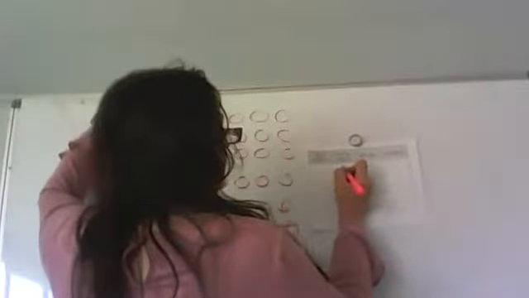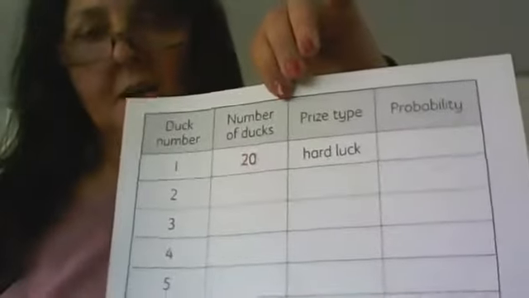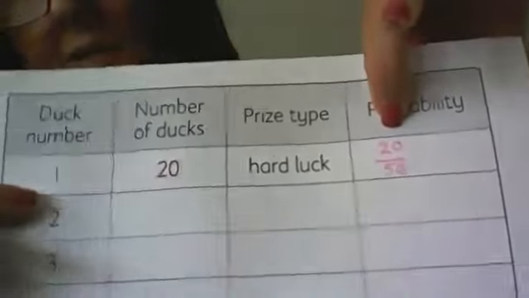So over here, if you did write 20 number ones, and I hope you're making your own choices and doing something that you want to do. If you did write 20 in that space, and then the prize type is the hard luck prize type, then you might have written next to that you've got a 20/50ths of a chance of getting a hard luck prize.